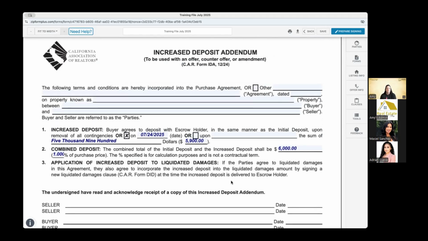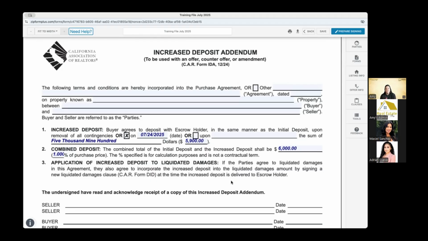Now, I'm also going to clarify, while we're talking about this form and the next form together, that if on my purchase agreement I specified that my deposit was $100 and the seller accepted that, and my buyer puts into escrow $10,000, the sellers don't have right to any amount of that money except for the deposit, which is $100, as long as we've agreed to that liquidated damage clause.